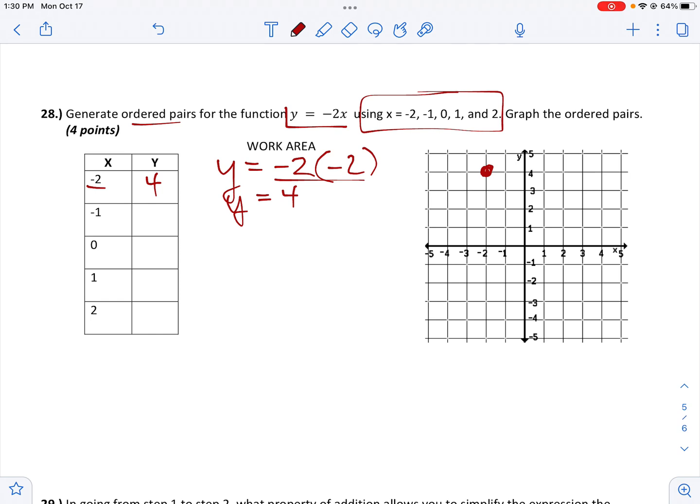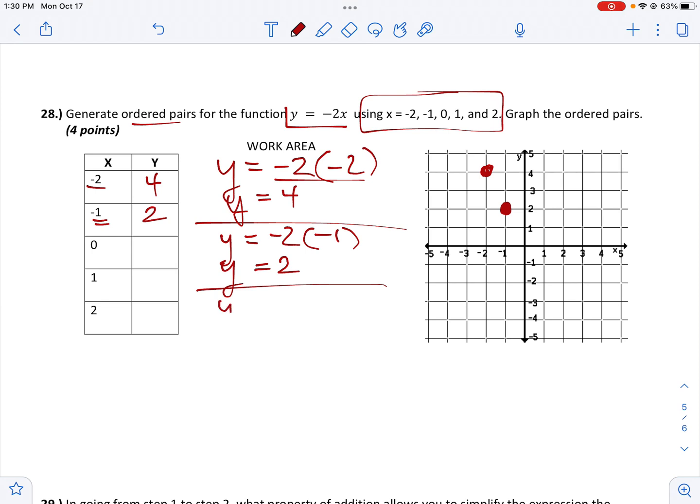Okay. Next one. Y is equal to negative 2 times negative 1. So y is equal to 2. So my ordered pair, negative 1, 2. My next one. Y is equal to negative 2 times 0. Y is equal to 0. 0, 0.